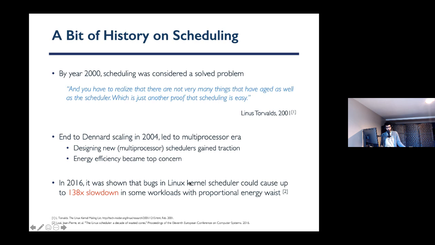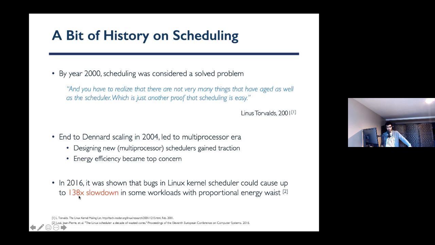What was discovered in this paper was that there are serious bugs in the Linux kernel scheduler that in some cases lead to a 138x slowdown of some workloads.